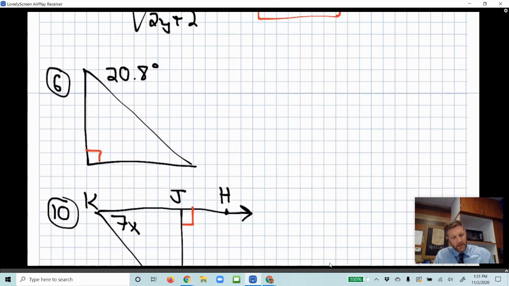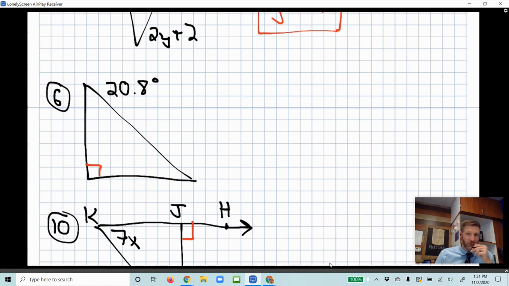Let's look at number 6. Number 6 is an application of the right triangle corollary. It describes a right triangle, and it says that one of the angles is 20.8 degrees. All right, well, what we learned is 90 degrees of my triangle is taken up right here. So that means that what's left over for these two angles is another 90 degrees because they have to add up to 180.